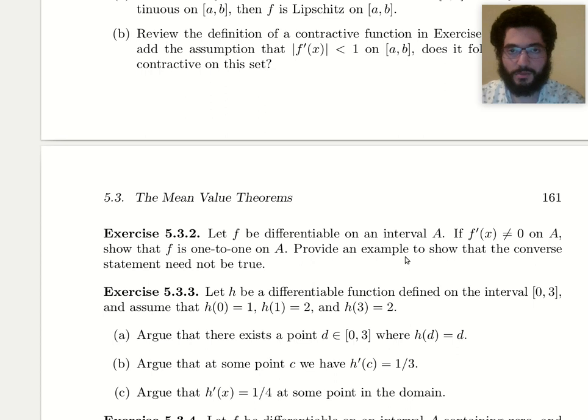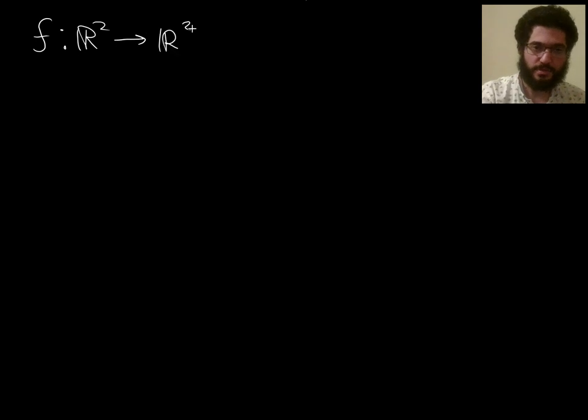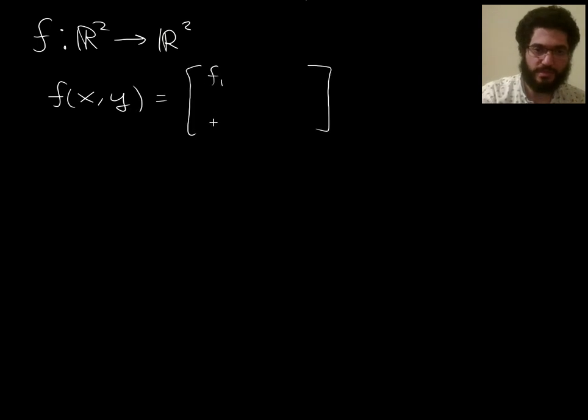But it's a lot more complicated in higher dimensions. So let's think about what it would mean to apply the inverse function theorem to a particular situation, say where you have a function maybe from R2 to R2. It could be from any open subset of R2, but let's just say it's from R2 to R2. That would be a function of two variables, so let's call them x and y, and it would have two components. Maybe we can call those components f1 of x and y and f2 of x and y.